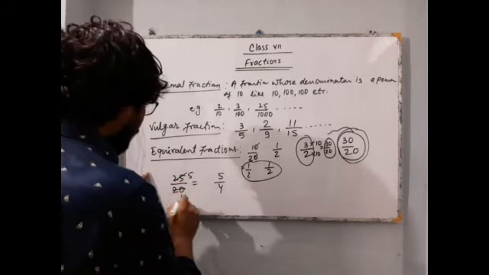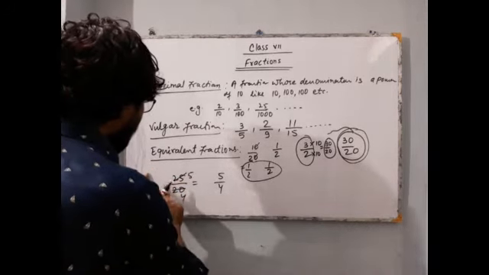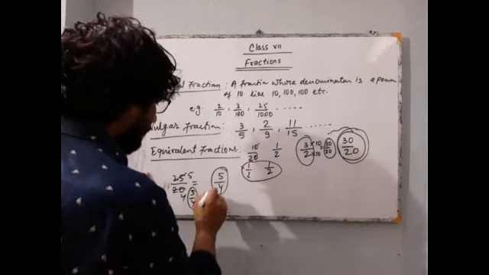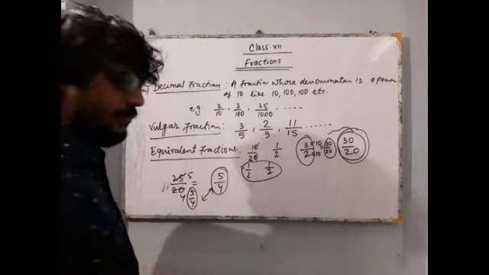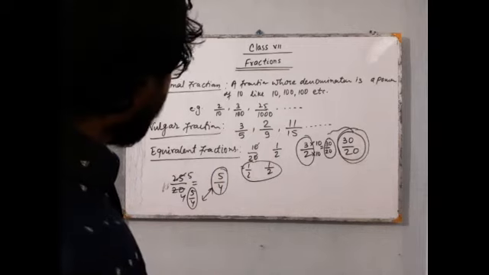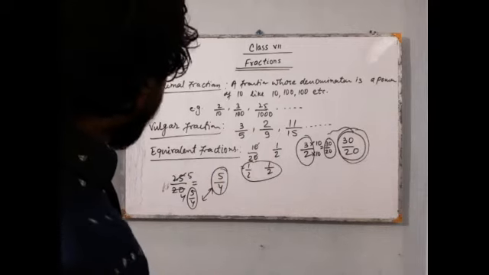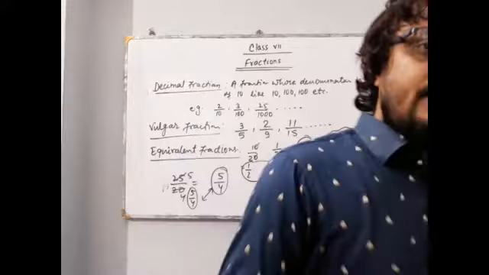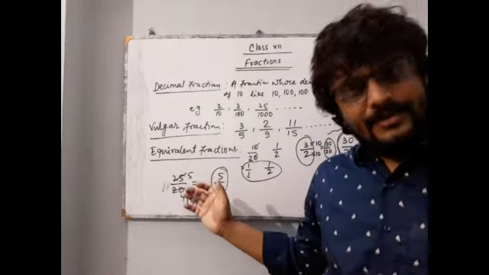We get 5 by 4 and here is a fraction of 5 by 4. Are both equal or not? Yes, they are equal. That's why we can say that if numerator and denominator of a fraction is divided by the common number, then we get equivalent fraction.